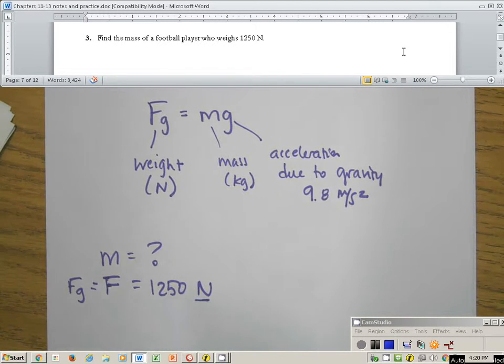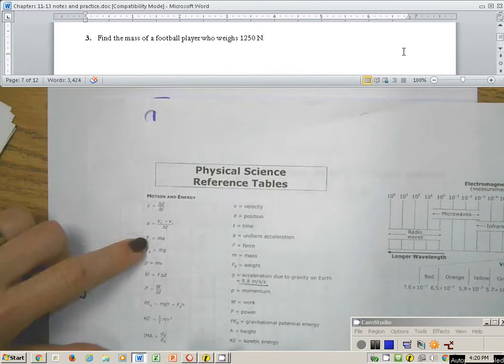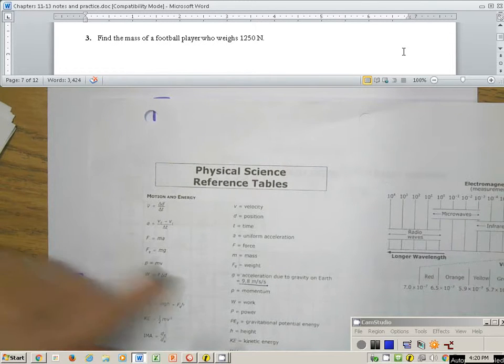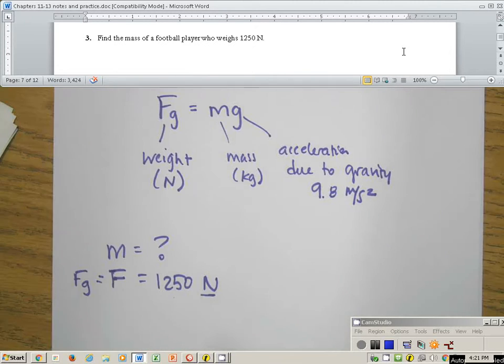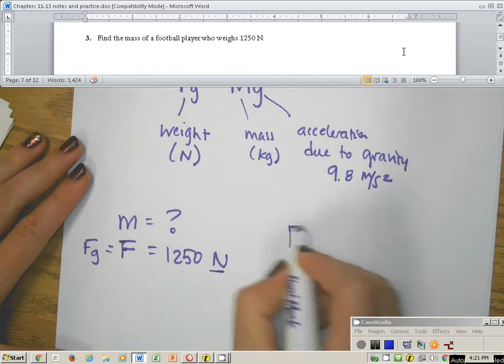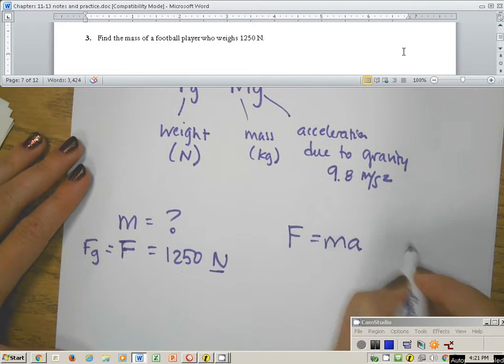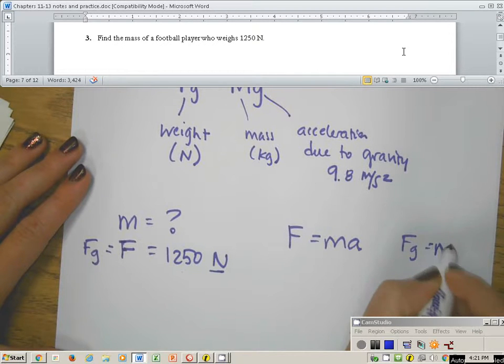It just so happens that for our reference tables, if we look at those, I know this is kind of small, I don't have a W as weight. It just simply has FG as weight. So we're just going to plug it right into that. So you can use either F is equal to MA or FG is equal to MG.